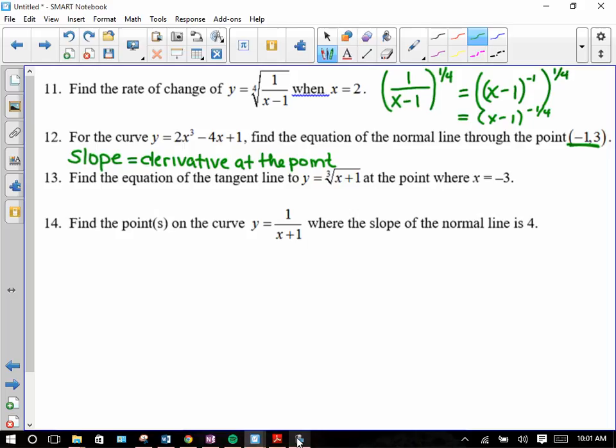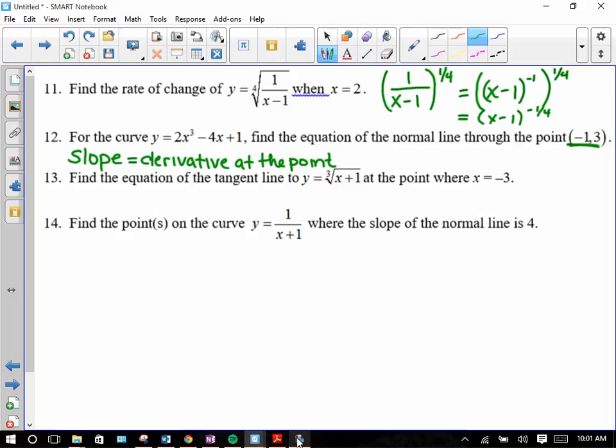That's x equals negative 1, we don't care about the y value here. We would have to find the derivative of this function, 2x cubed minus 4x plus 1, then plug in negative 1. Find the derivative, that's going to give you the equation for the slope. And then you're looking at the point with x equals negative 1, so you plug negative 1 in there. That's going to give you the slope.